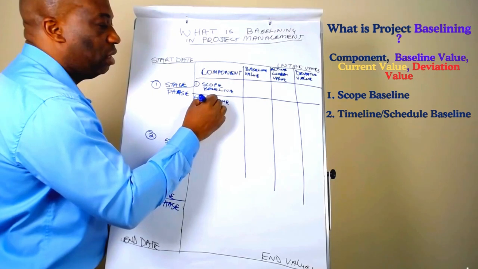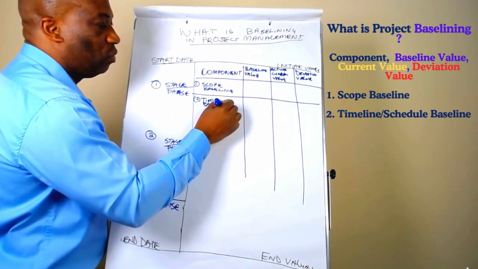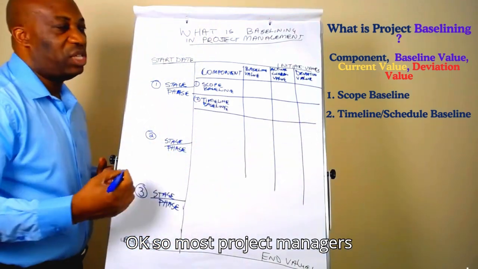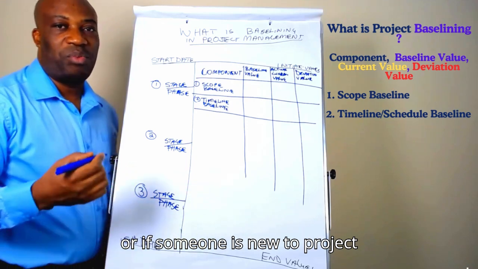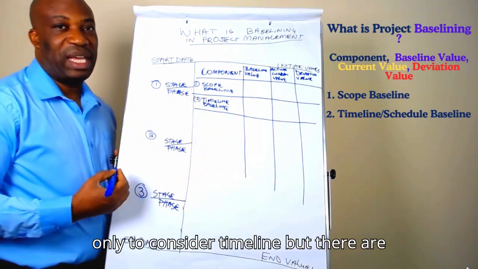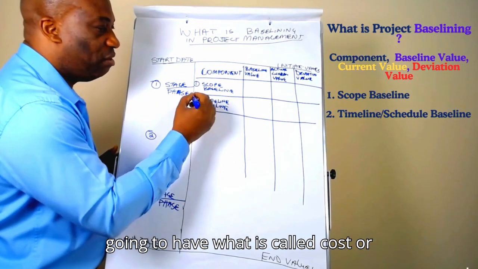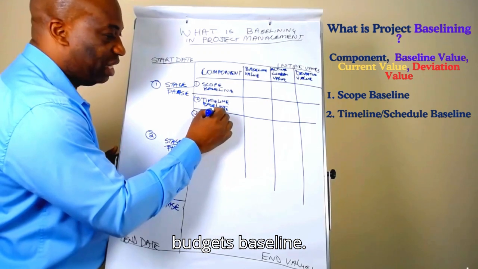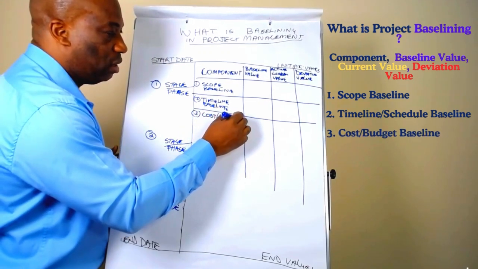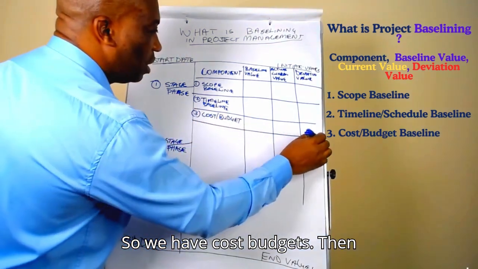Most project managers, or if someone is new to project management, only think of baselining to consider the timeline, but there is more to this. Number three, we're going to have what is called the cost or budget baseline. This is a critical component of projects.